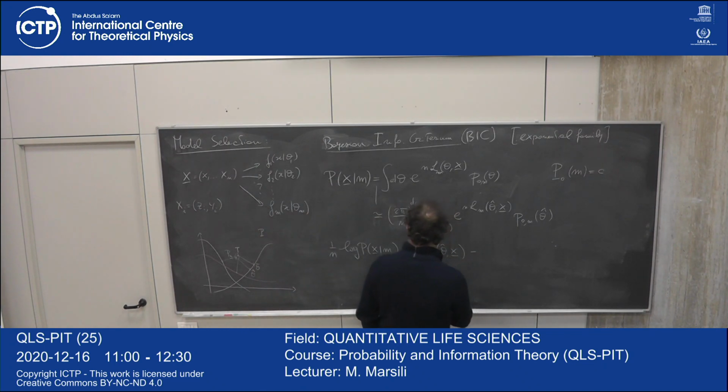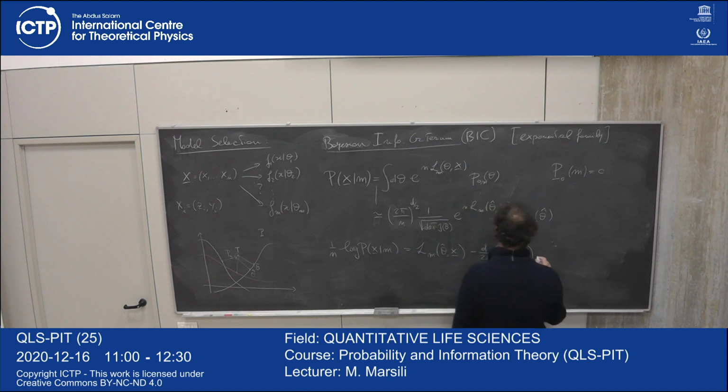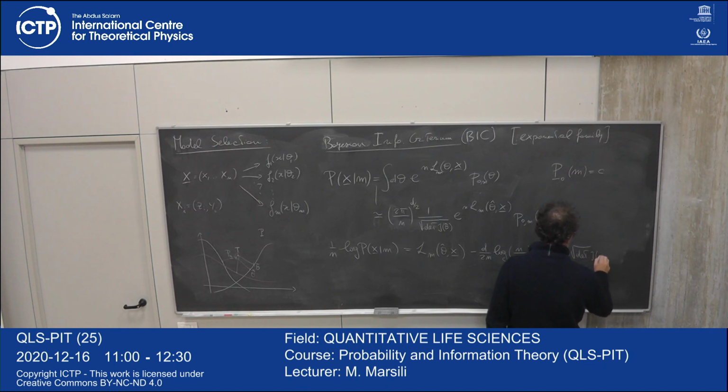So this gives you plus or minus d over 2n times the log of n over 2 pi, plus or minus 1 over n times the log of the square root of the determinant of J. Okay.